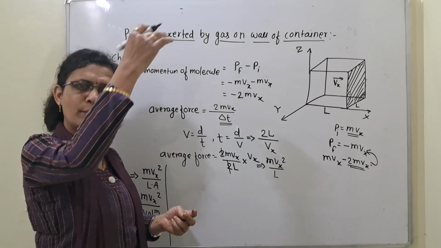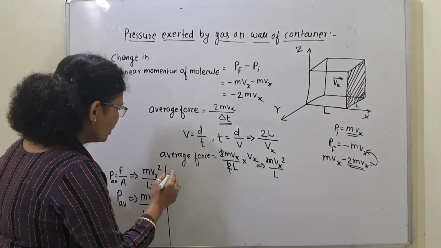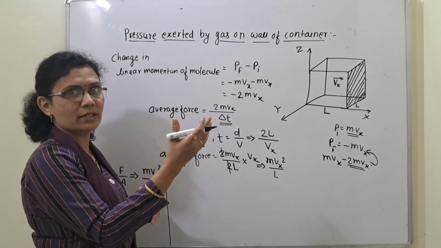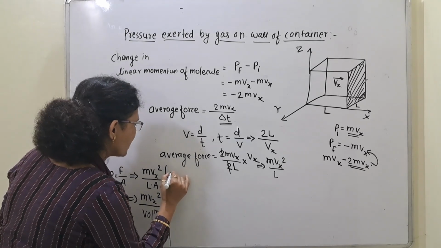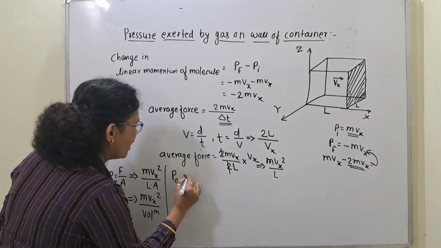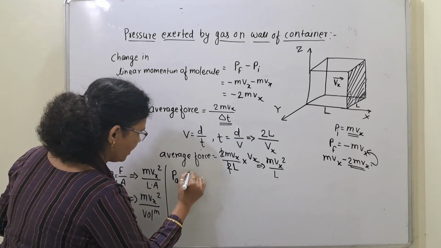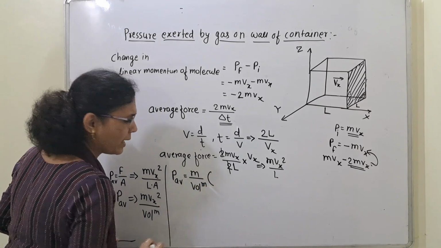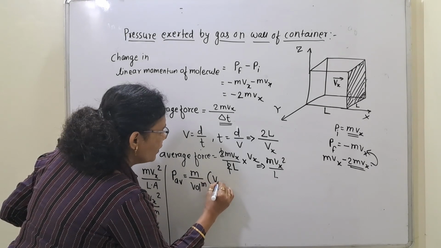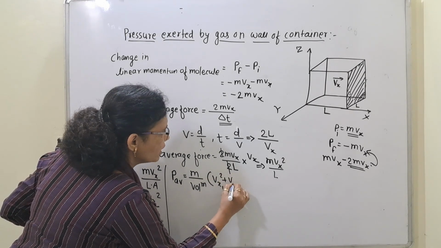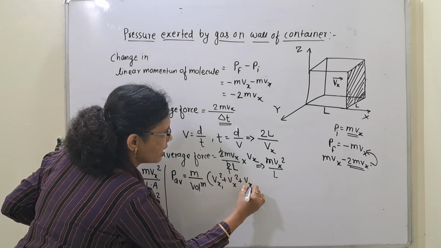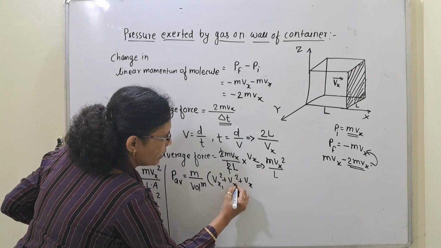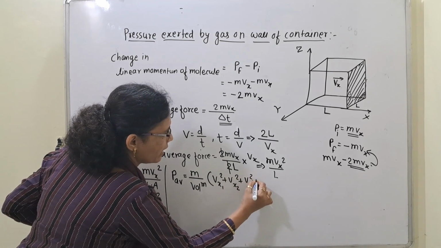There are n number of molecules. So the total average pressure can be written as m upon volume, and in brackets it will be vx1 square plus vx2 square plus vx3 square, and so on.